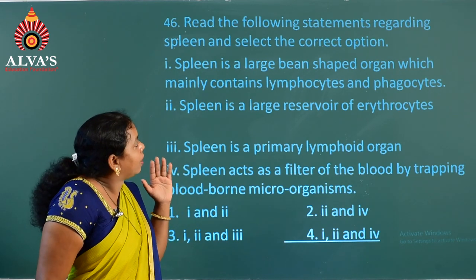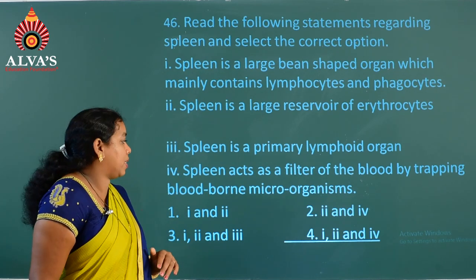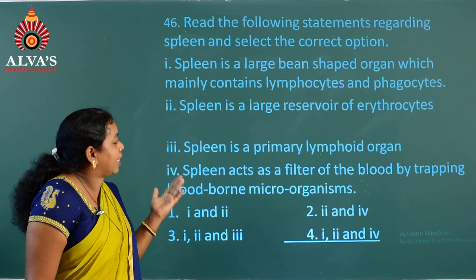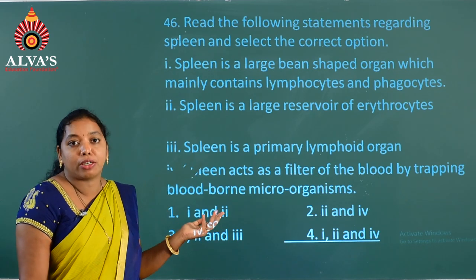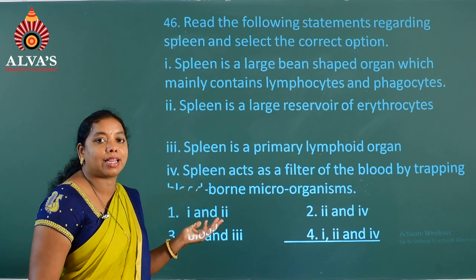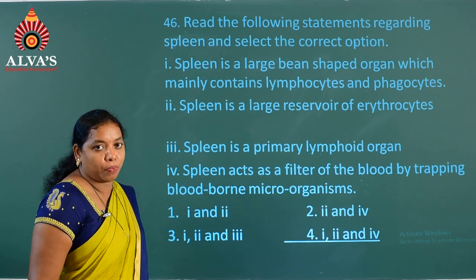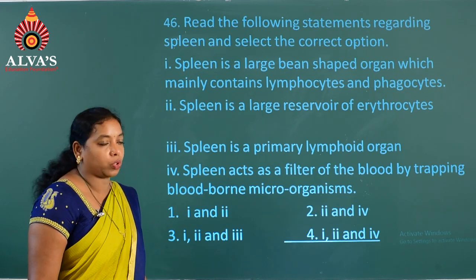The first statement is true and the second is also true. The third, that the spleen is a primary lymphoid organ, is wrong because the spleen is a secondary lymphoid organ. The fourth statement is true. Hence the answer is the fourth option: first, second and fourth.